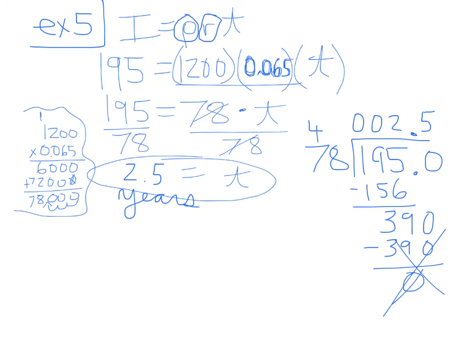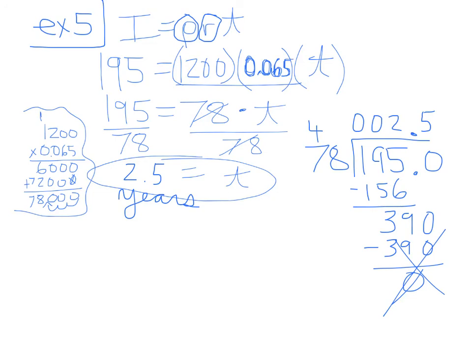And if the words in the problem don't make sense, you don't know which numbers go where, just make sure you ask myself or a classmate or someone you trust that knows what they're doing, just to help you plug things in right. But ultimately for the test, you're going to have to be able to do that on your own and know what those mean. Or if they give you p, r, and t, and all you have to do is find I, then those are the easiest ones, because all you have to do is multiply p times r times t.